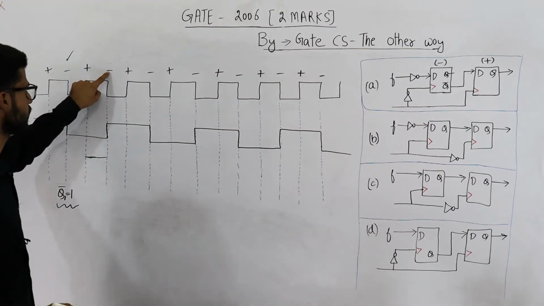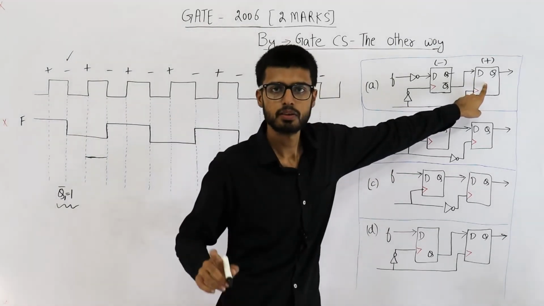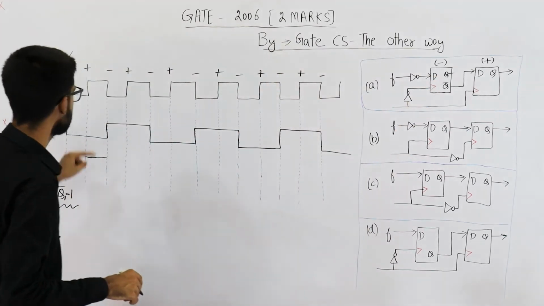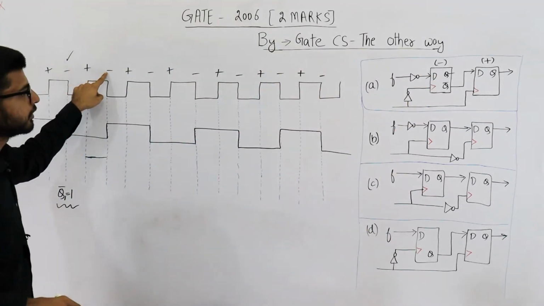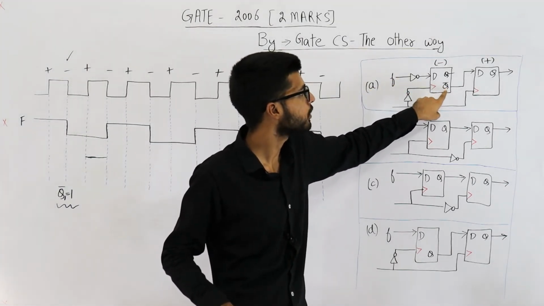Now on negative edge, will this flip-flop react? No, it won't react. Only this one will react. Okay. Upon negative edge, whatever is F, that will be the new output Q bar. Okay.